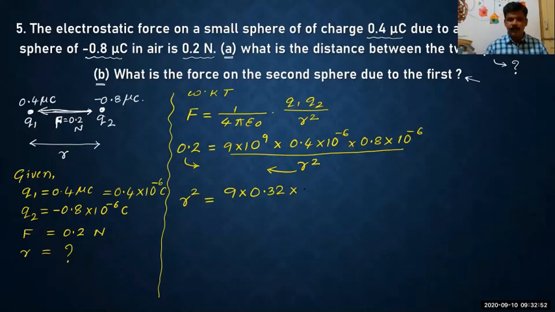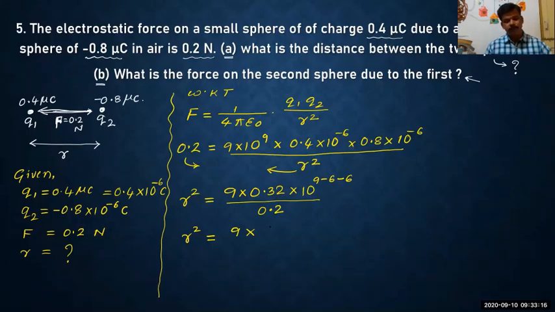Then take all the powers there, 9 minus 6 minus 6. Then whole divided by 0.2, right? Then R square is equal to, further it can be simplified as 9 into 0.32.